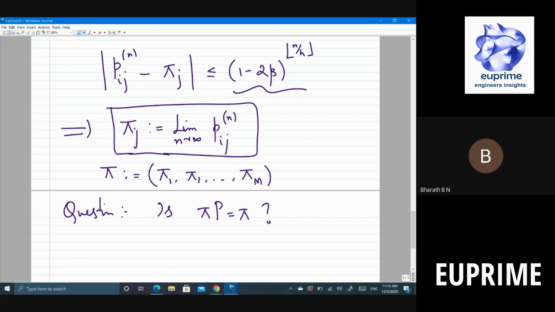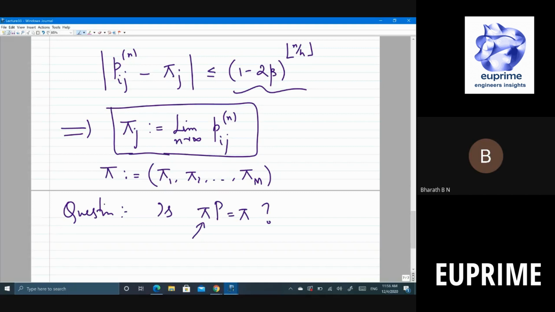After all, we are trying to find a vector pi, which is a stationary distribution that is unique. That's all we need. So we are searching for such a pi. We have come to a stage where we showed that the ijth entry of the nth power of the P matrix converges to some pi j.